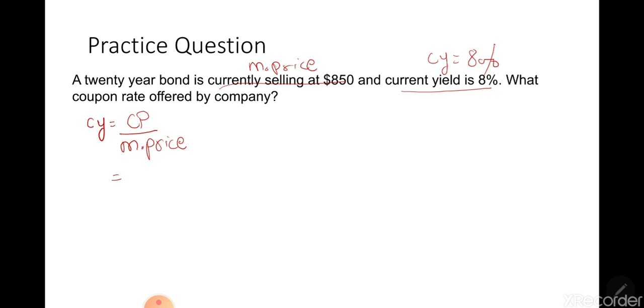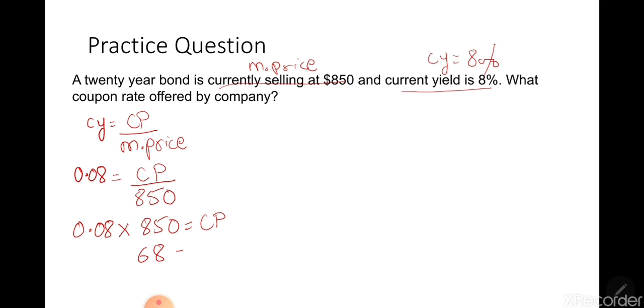The current yield is 8%, so you have 0.08. You do not know what the coupon payment is, and the market price is 850. So this is dividing over here. On the other side it will multiply. 0.08 multiplied by 850 is the coupon payment. So the coupon payment is 68.